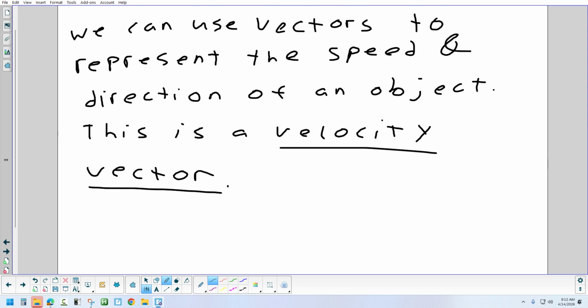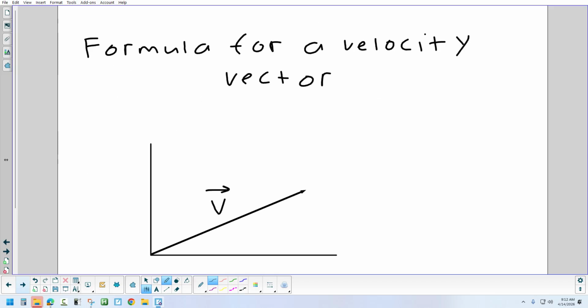So when we do a velocity vector, technically the object would not keep traveling in a straight line. If there was gravity, it would start to curve back down. But for our purpose, we're just going to assume the object just keeps going straight. So we'll pretend like it's not influenced by gravity. Okay, so maybe outer space.